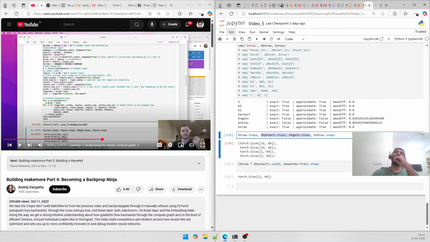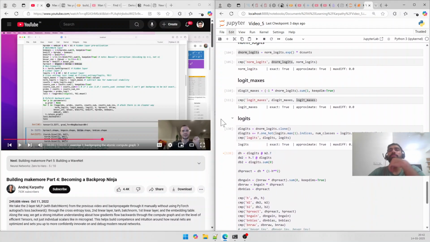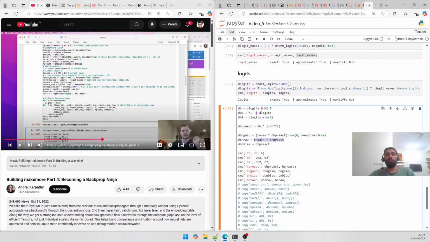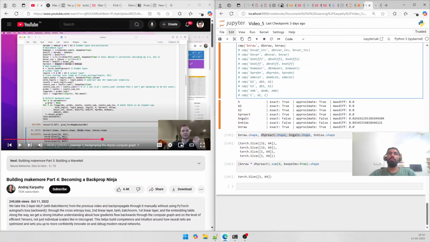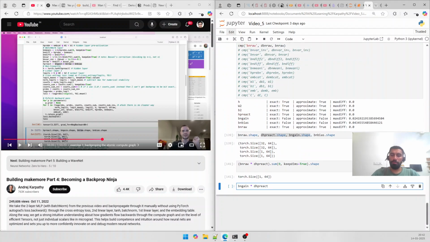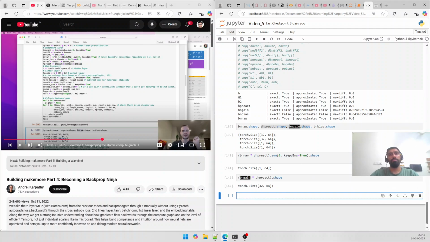So 32 cross 64 and 1 cross 64, it will get broadcast, and the multiplication will happen, and we should get an output of 32 cross 64. Okay, right, I think it should have worked.